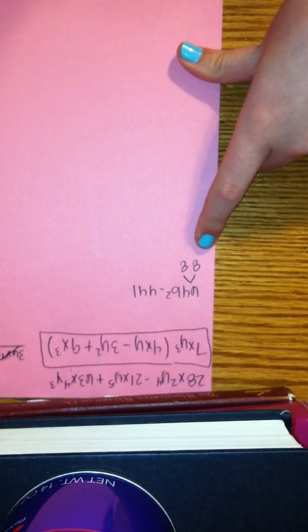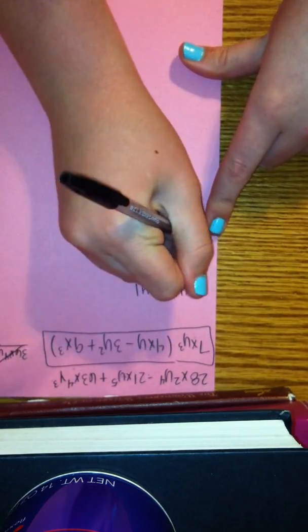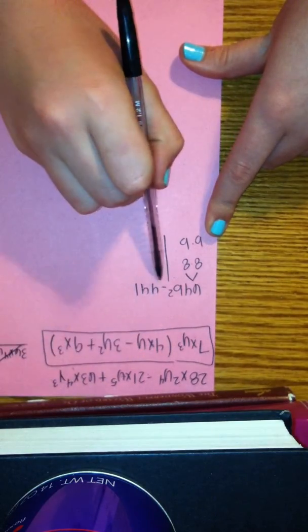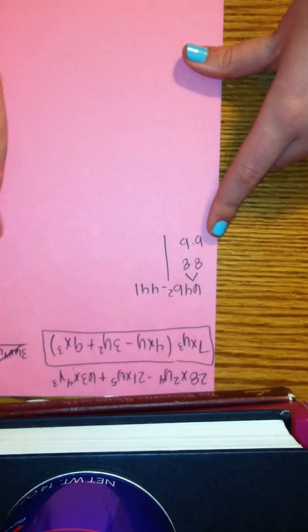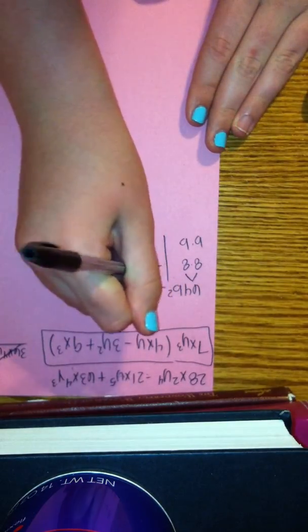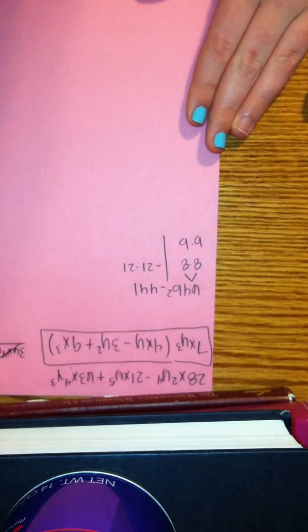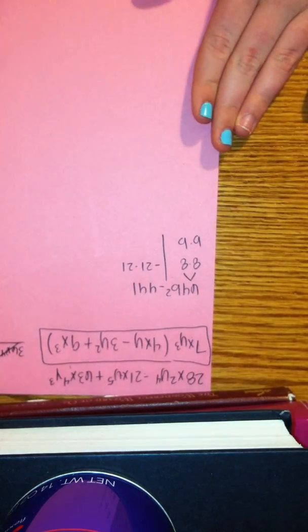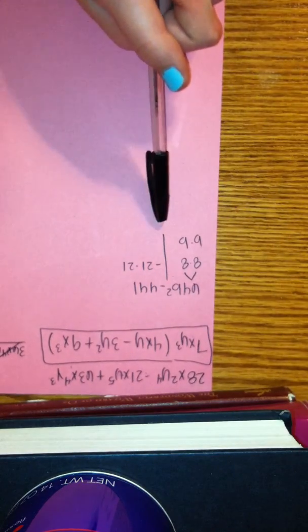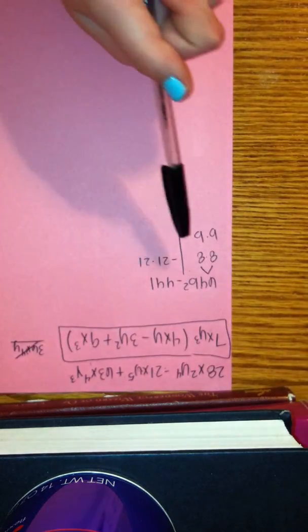So you'll do 8 times 8, and then you have b times b, and then negative 441 is negative 21 times 21, like that, and then there's no letters, so you don't do anything with that. So we did our difference of squares, so it's really easy.